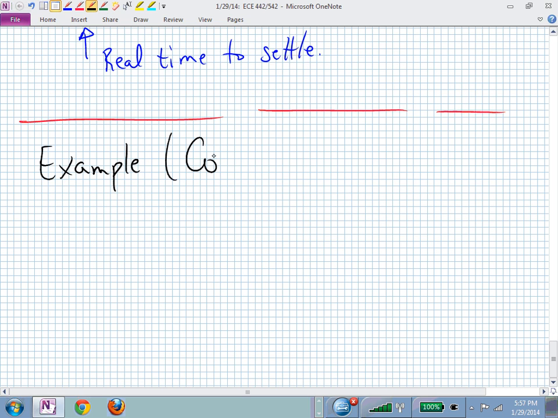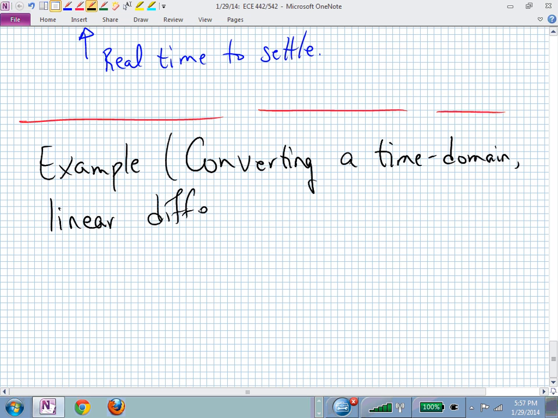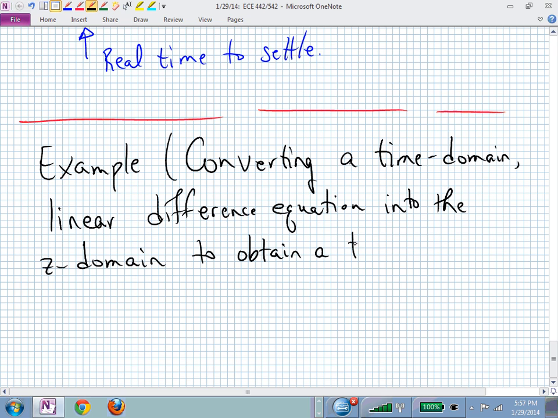I think we've hinted at this, but let's look at converting a time domain linear difference equation into the Z domain so that we can find a transfer function.